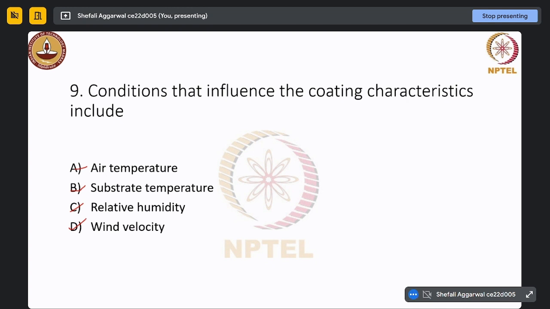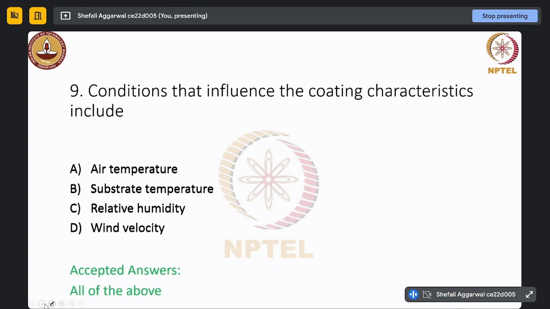If we have to apply powder coating, we apply it through spray, and if the wind is flowing in the opposite direction, it would be very difficult for us to apply that kind of coating. So wind velocity will also affect our coating characteristics as well as our application of coating. So the answer will be all of the above, right?